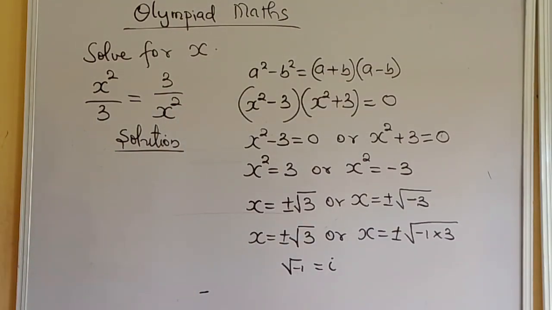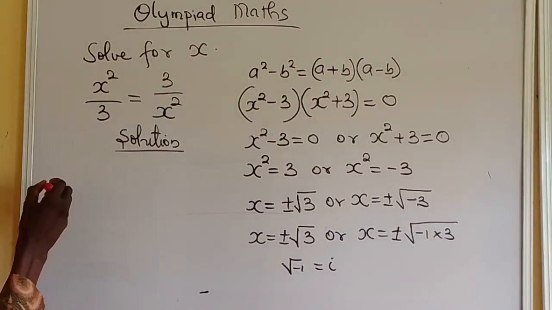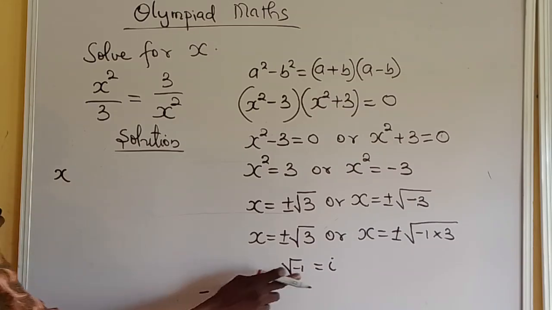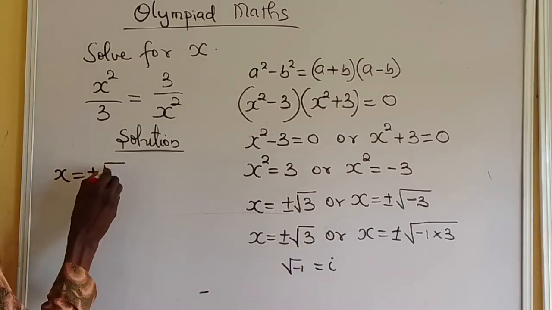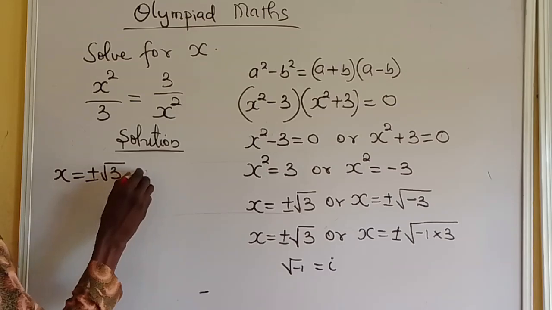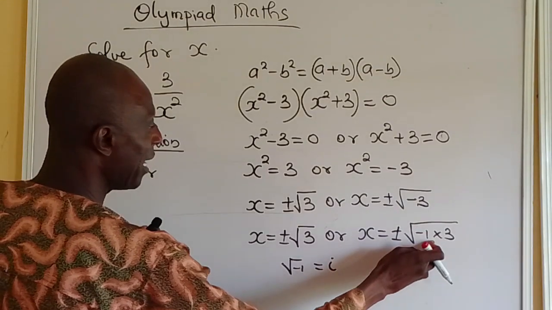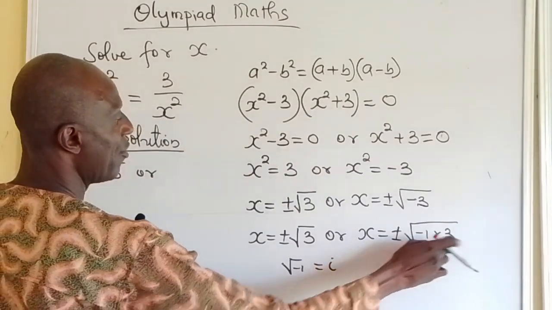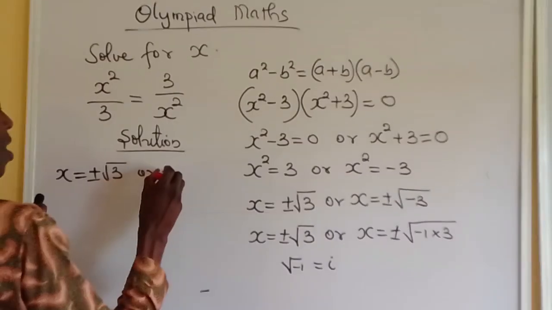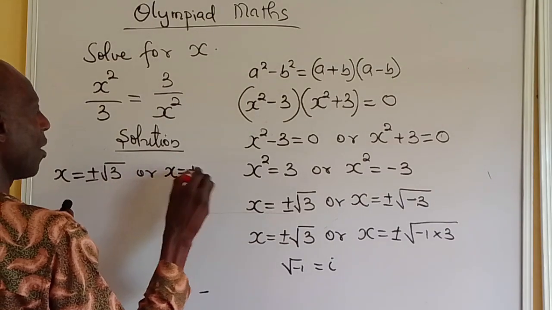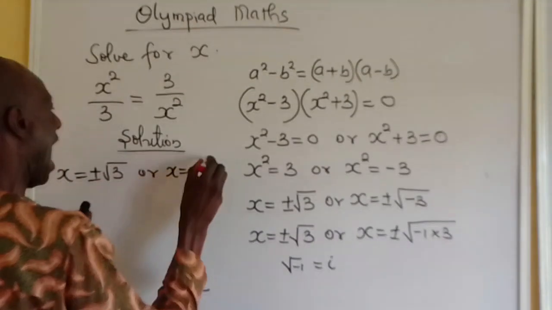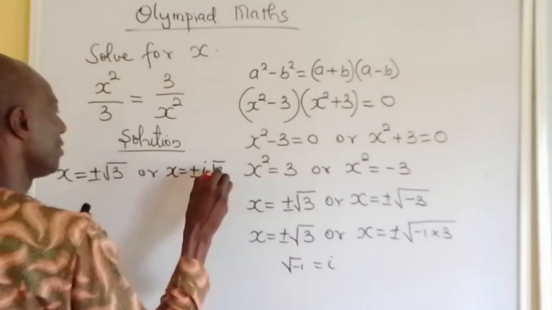If it's equal to i, that means x is equal to plus or minus root 3, or when I bring it out, x is equal to plus or minus i root 3.